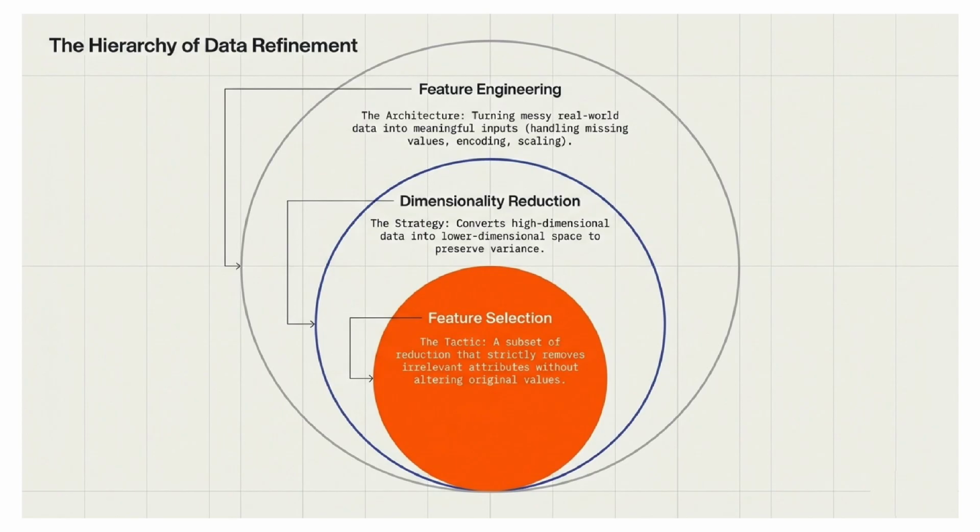Instead of transforming data, feature selection simply removes irrelevant or redundant features while keeping the original values unchanged. Together, these three layers form a structured approach to data refinement. Feature selection is a subset of dimensionality reduction, and dimensionality reduction itself operates within the broader framework of feature engineering.